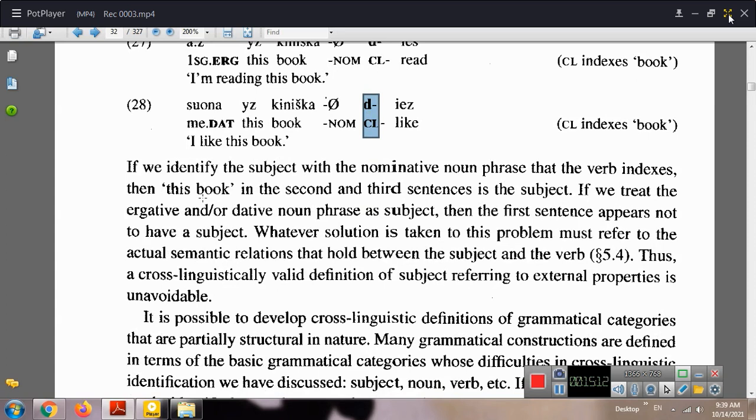If we identify the subject with the nominative noun phrase that the verb indexes, then this book in the second and the third sentences is the subject. If we treat the ergative or dative noun phrase as subject, then the first sentence appears not to have a subject.